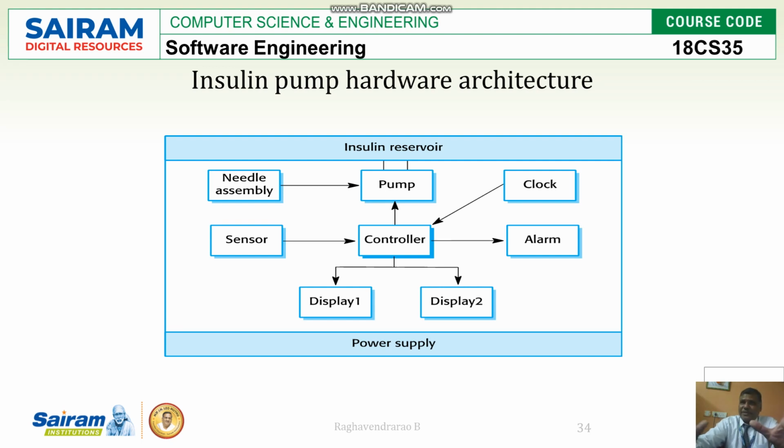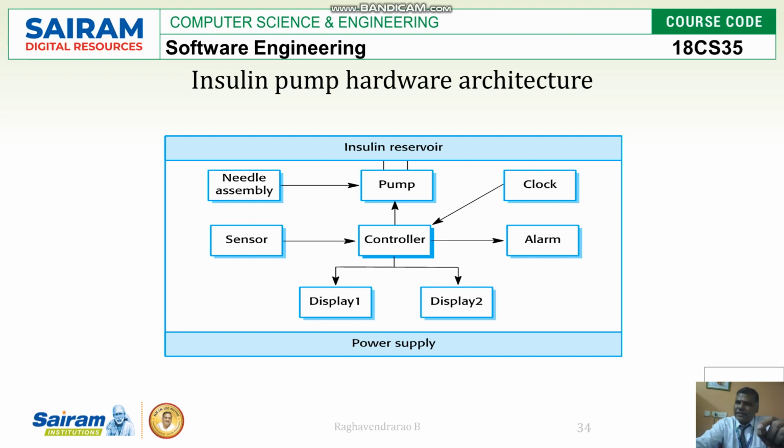It is connected with the insulin reservoir, from where the pump sucks the insulin, and based on the control structure, the control data information is provided: how much insulin is needed for that particular patient. First the sensor senses it.